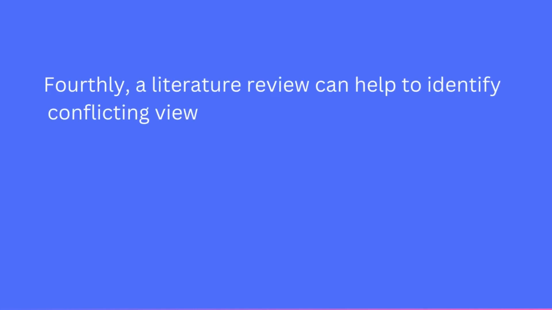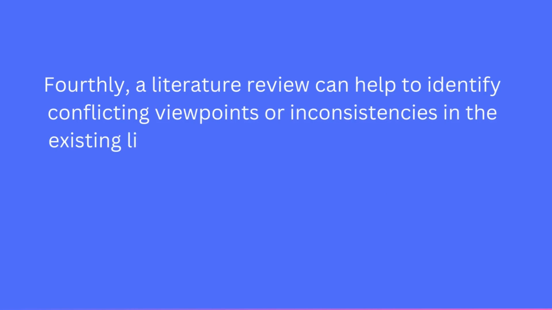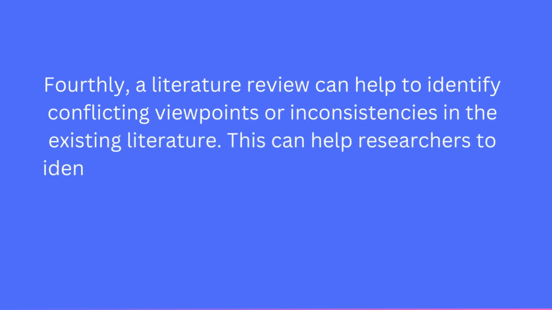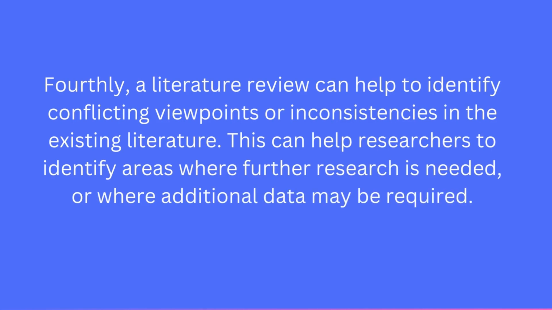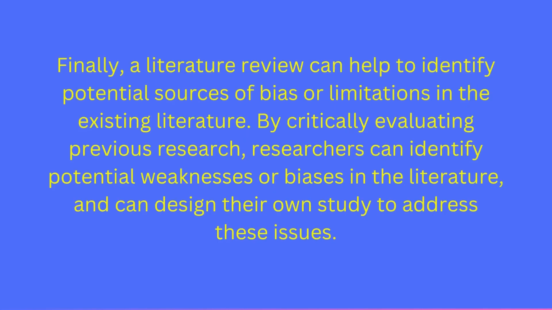This can help researchers to identify areas where further research is needed, or where additional data may be required. Finally, a literature review can help to identify potential sources of bias or limitations in the existing literature. By critically evaluating previous research, researchers can identify potential weaknesses or biases in the literature, and can design their own study to address these issues.